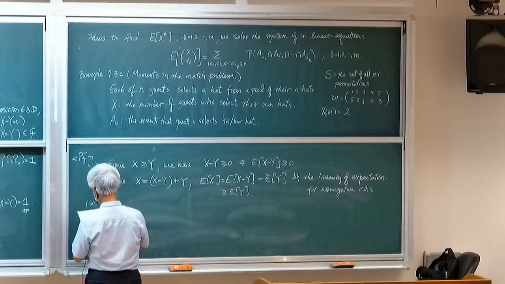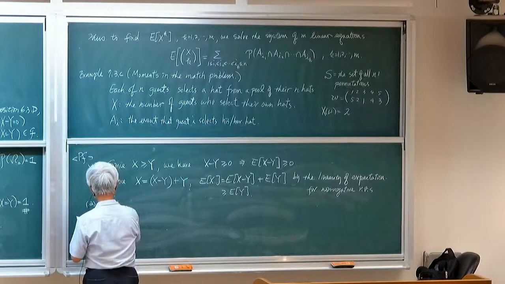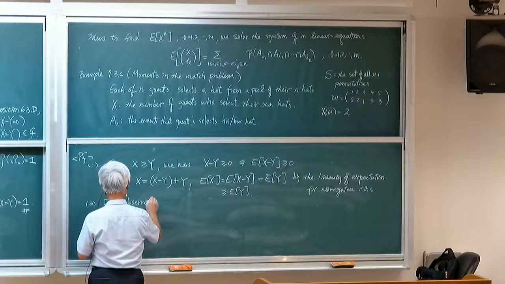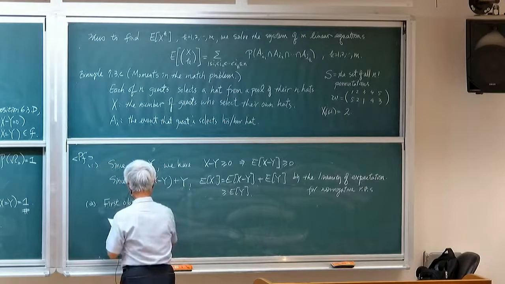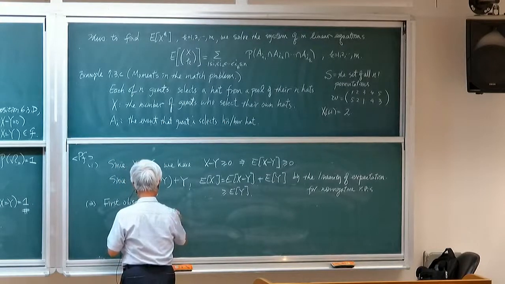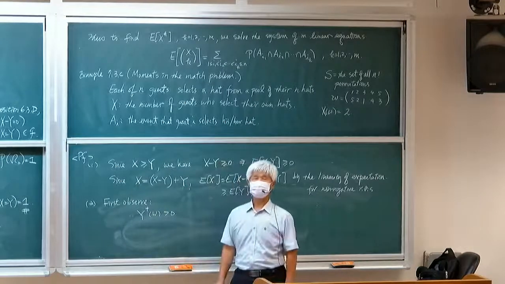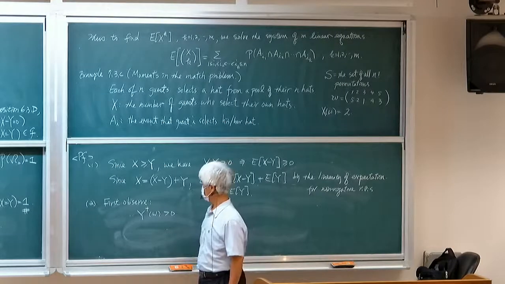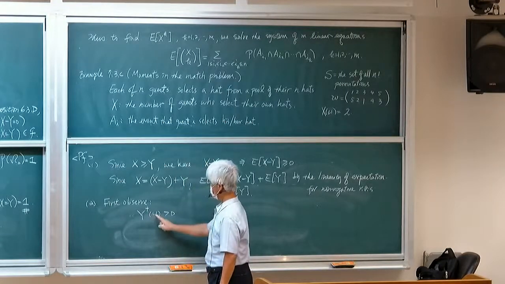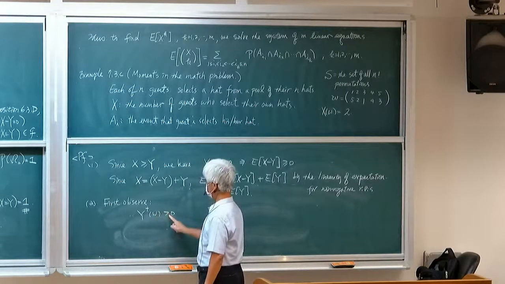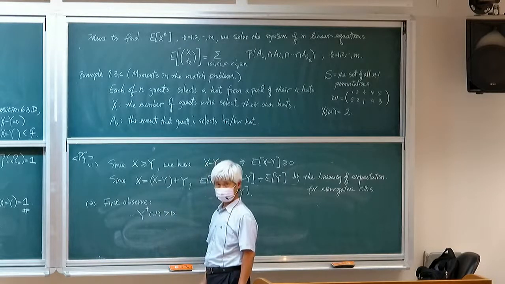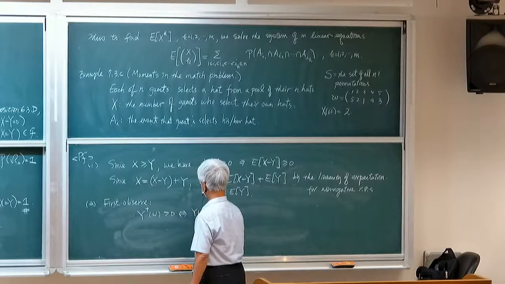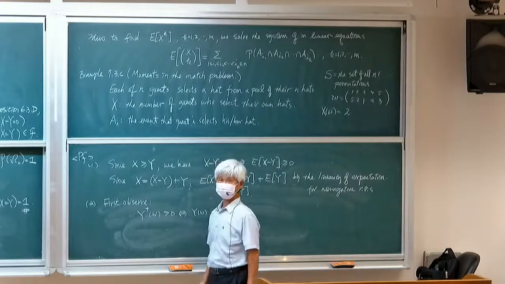Now, first observe the positive part of y. The positive part of y for some outcome is positive if and only if y omega is positive, by definition.